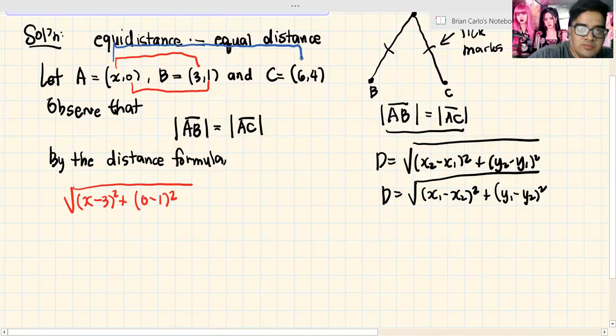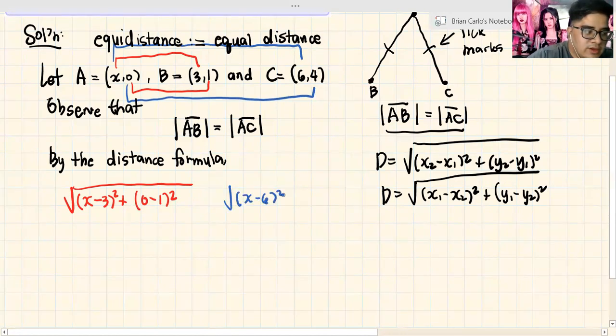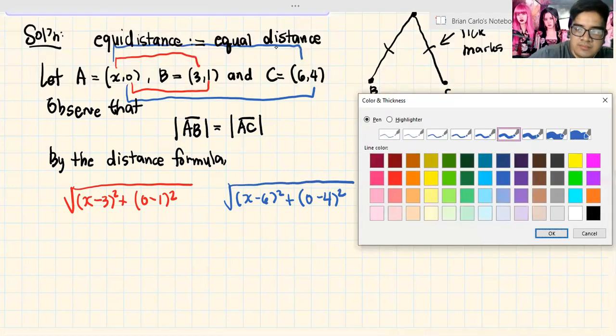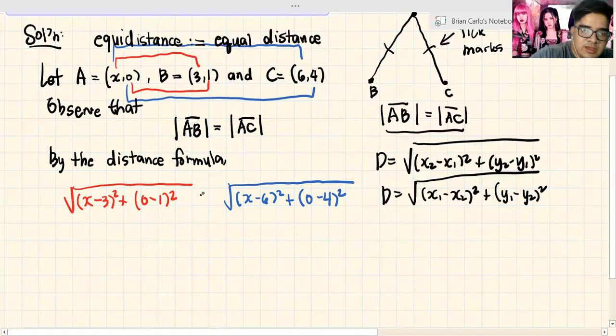Ito saka ito naman. Ito yung blue. This is square root ng x minus 6 squared plus 0 minus 4 quantity squared. Lagyan natin ng radical. Tapos balik tayo sa color black, kaya equal sign.